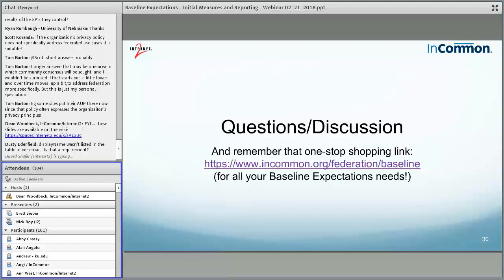What if the privacy policy doesn't necessarily talk about federated scenarios? Is that okay to use that? And there's a lot of things like that people will have to be thinking through and taking a look at their own operations and seeing what works for themselves. But it's encouraging for me to see the number of metadata submissions, even with just that first email going out.